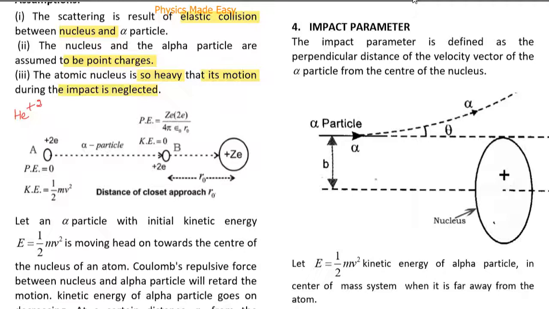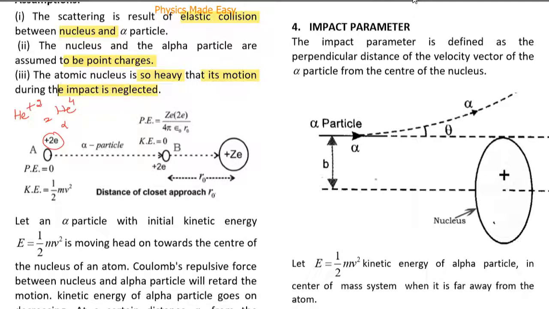So we sometimes write it as 2He4, and this is positive. It has a positive charge of +2e. This is the positive charge on the alpha particle, +2e.